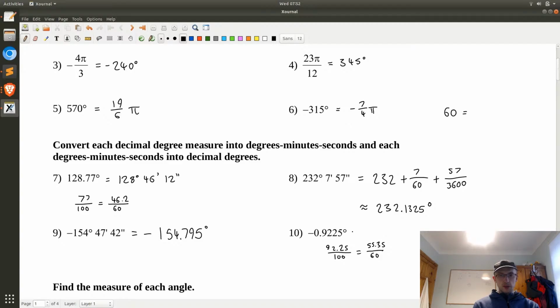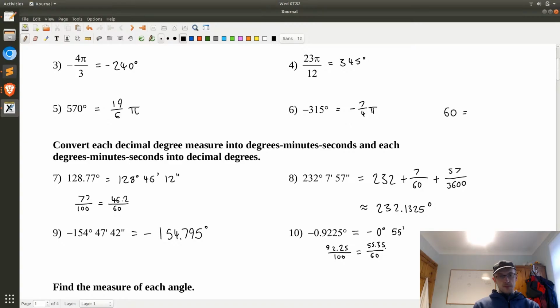Okay, so negative 0 degrees, 55 minutes, and 0.35 is the sort of like decimal part here.